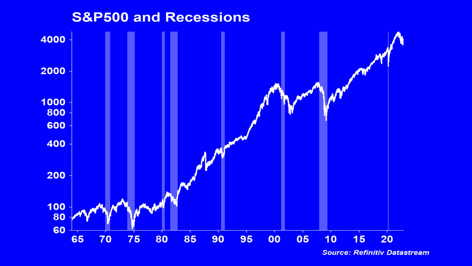Now, there are one or two caveats that we can look at here, which might say, okay, maybe there is an alternative scenario. The first one was 1980 and 82. These were two recessions, but we did get a higher low in 1982 than in 1980. So if we get a big enough intra-recession rally, then that's one potential. Similarly, if we haven't actually had a recession yet, is there potential for the equity market still to rally further from here?